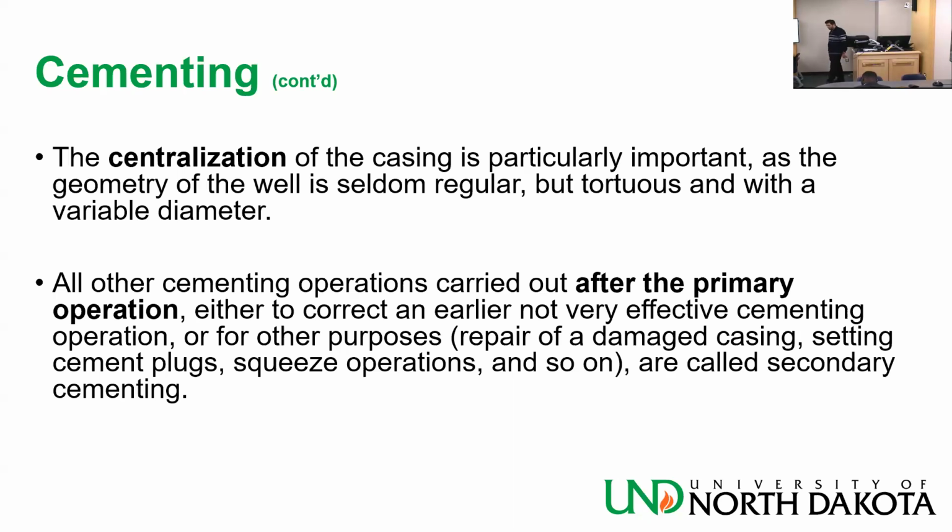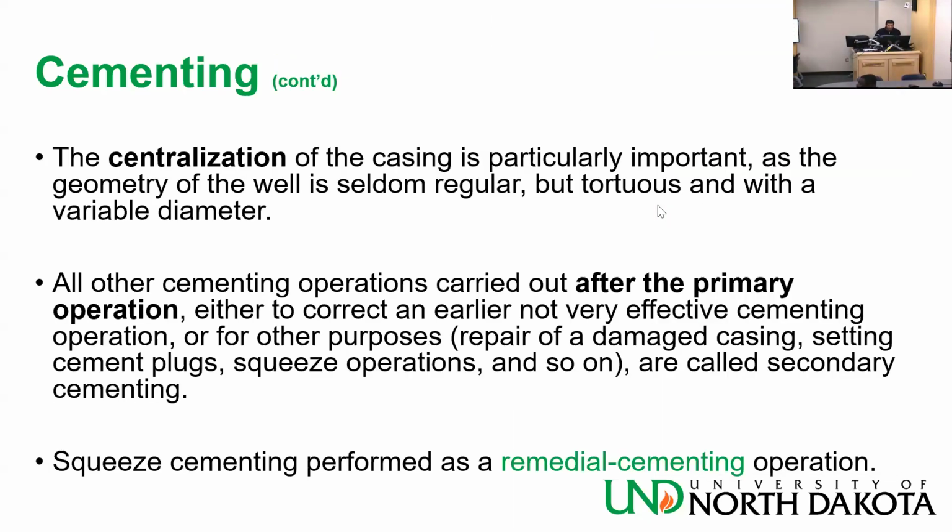It's very, very easy to have the casing touch the side of the borehole, and then it's very hard to pass cement through that space. We use centralizers for that, and there are different types of centralizers, and we're going to talk about those.